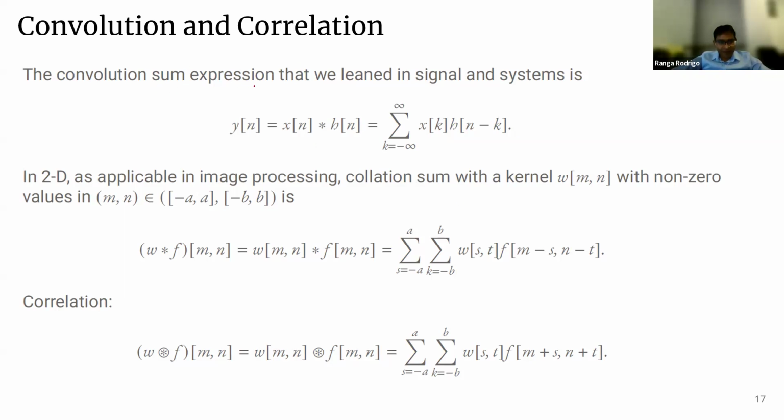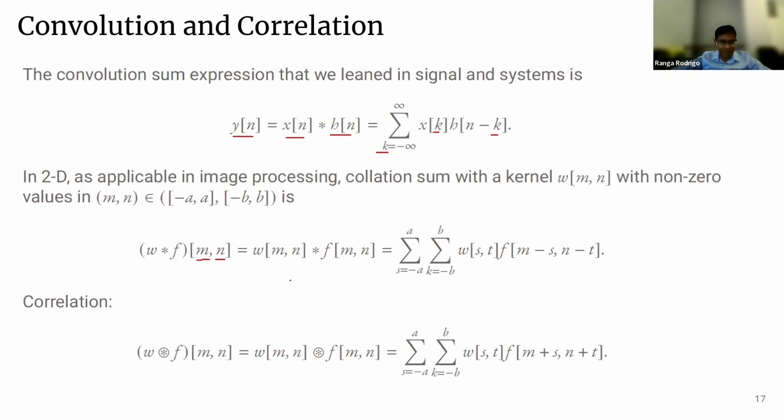The convolution sum you must have learned in signals and systems is this one: y[n], discrete time convolution, x[n] convolved with h[n] is the sum of x[k] h[n minus k], and you run the summation variable like this. That's the case. So if you go for 2D, then there are two variables m and n.